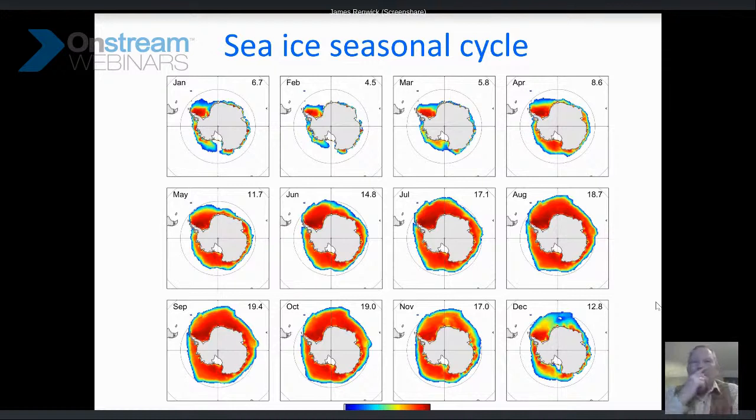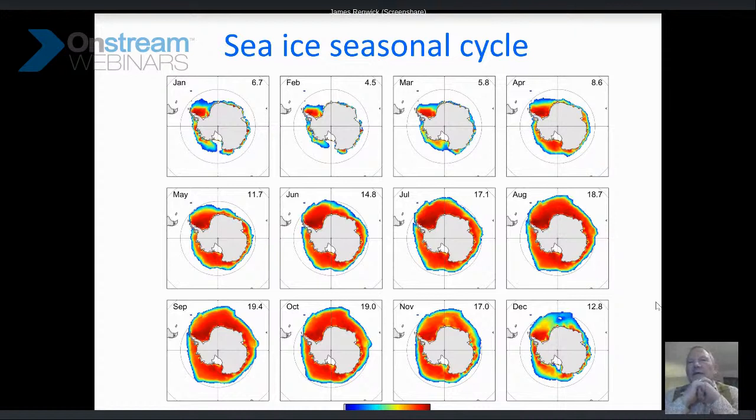Given the altitude of the satellite and its characteristics, we get these pixels or grid boxes of estimates of where the sea ice is on roughly a 25 by 25 kilometre scale for these low resolution satellites that have been running for a number of decades.